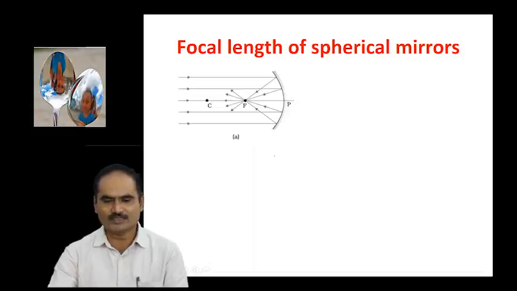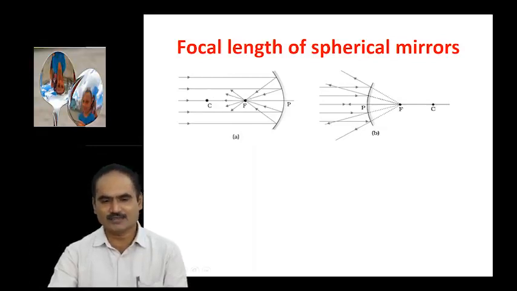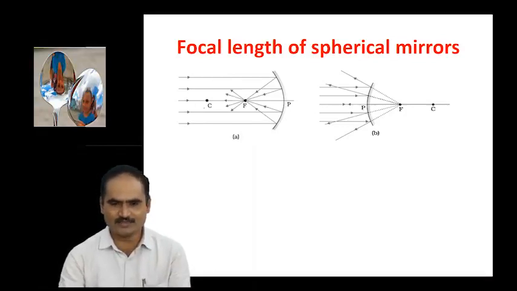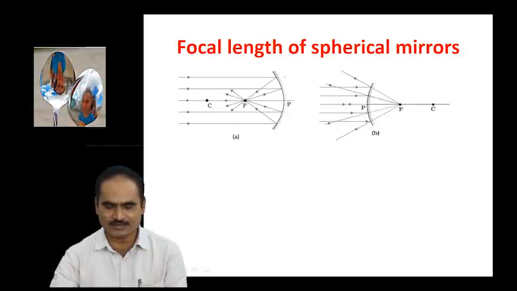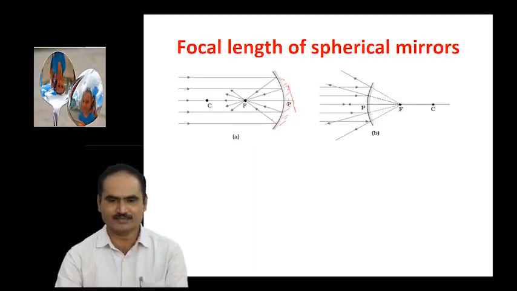Before that, we must understand what is meant by principal focus in case of concave mirror and convex mirror. If you take a parallel beam of light rays incident on the reflecting surface of a concave mirror, see here, this surface is the polished surface, and this one is called the reflecting surface, right.